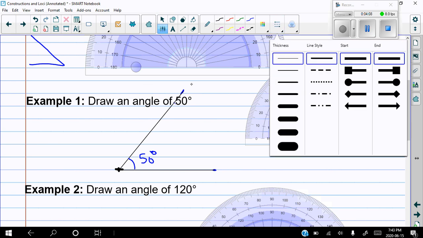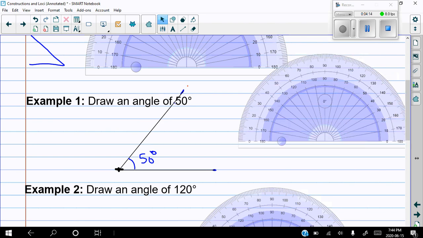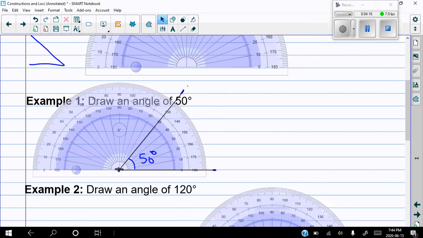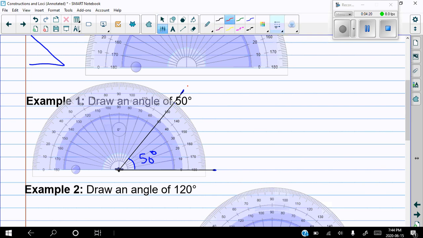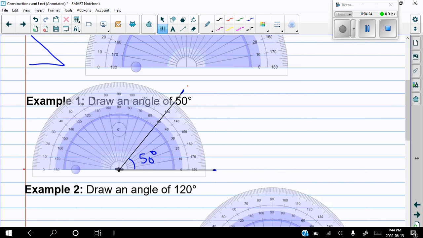Like I said, I'm going to do the opposite way, just as additional practice for myself. So first thing I'm going to do, and I'm actually going to use that same cross point, just to make my life easy. First we mark out our 0 point, so it gives us some reference. Then we want to mark out where our 50 is.